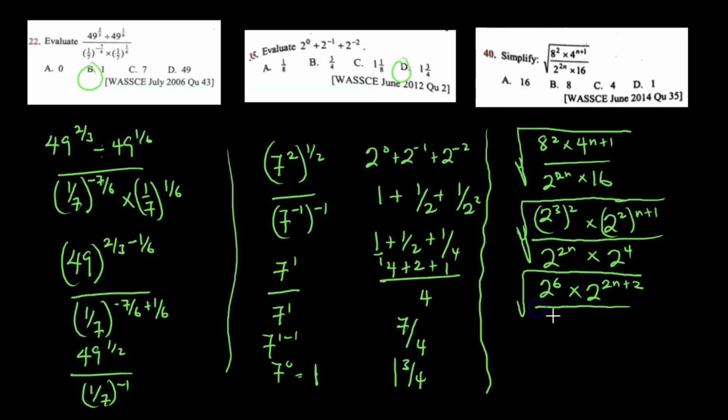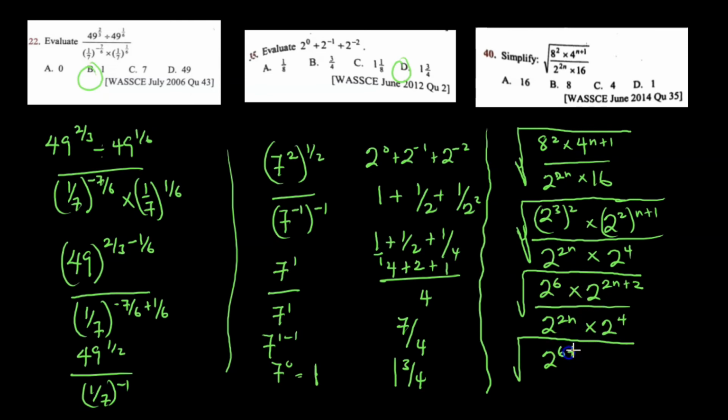Then the denominator will be 2 to the power 2n times 2 to the power 4. Now bringing them together, the numerator is still going to be 2 to the power 6 times 2 to the power 2n plus 2, and because they multiply and have the same base, we add the powers.